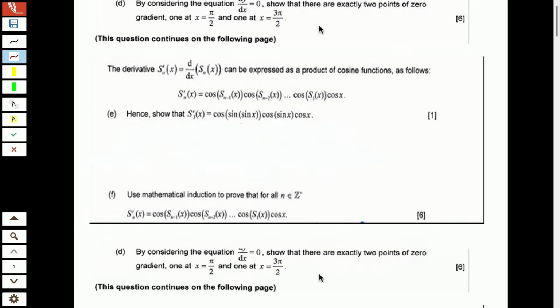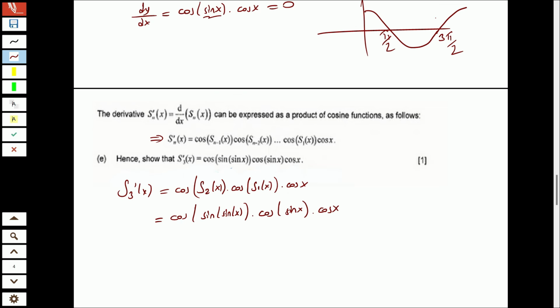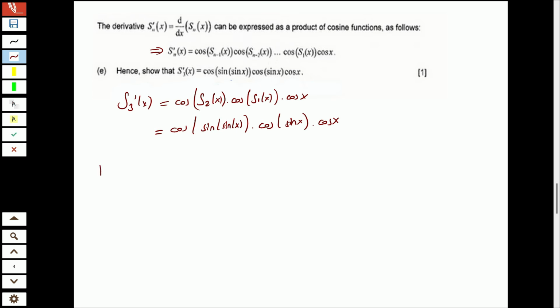And the next question is, use mathematical induction to prove that for all n. We're going to prove the rule by using mathematical induction. Let's write this again.